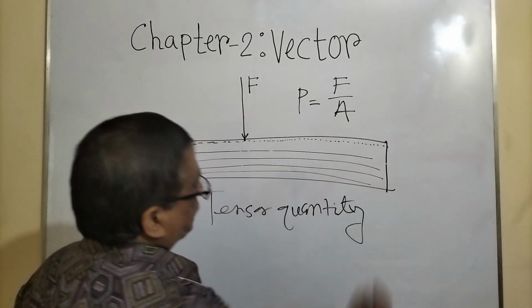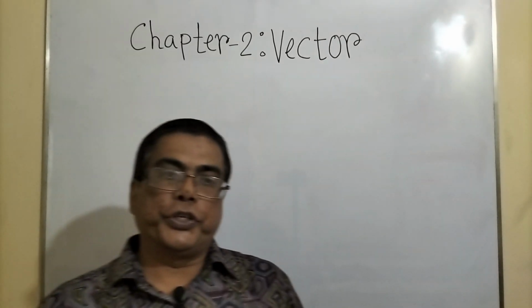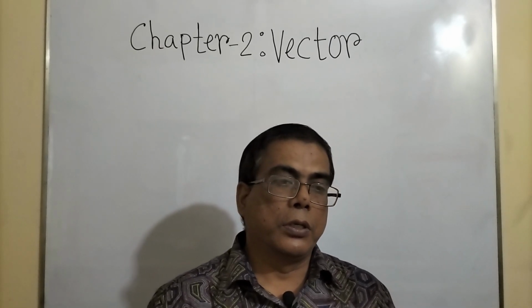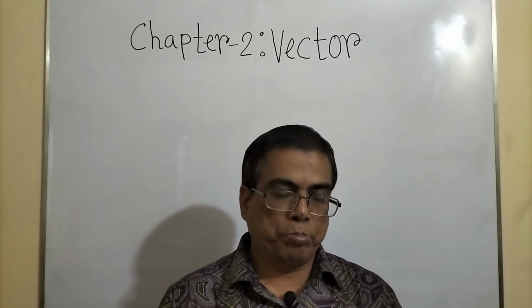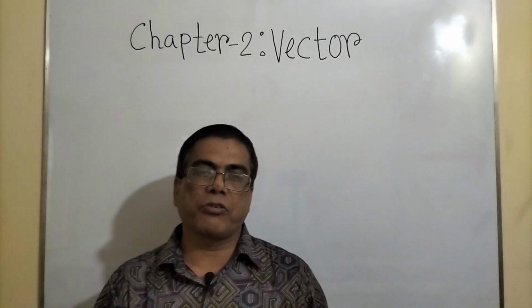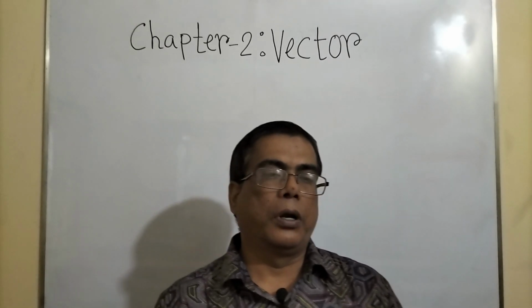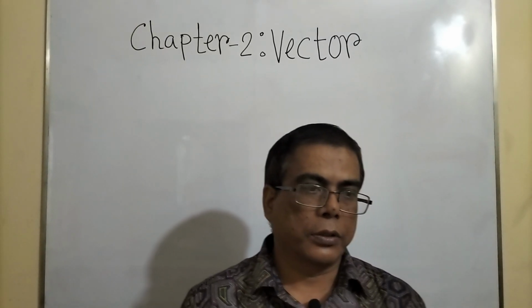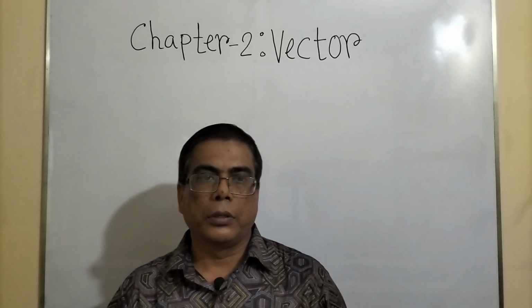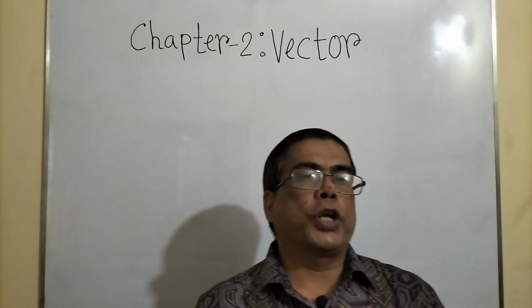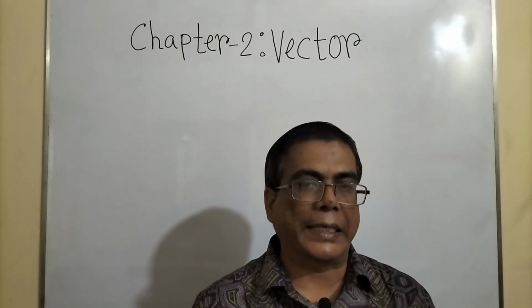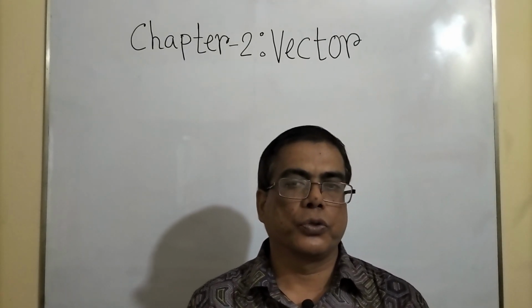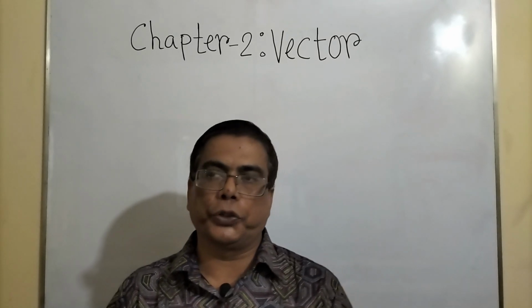Now we have learned three types of physical quantities: scalar quantity, vector quantity, and tensor quantity. But there are two types of physical quantities in your books, scalar quantity and vector quantity.